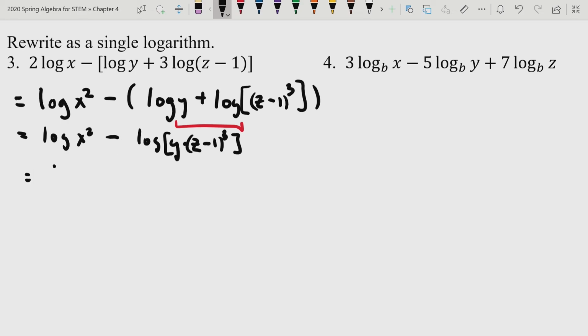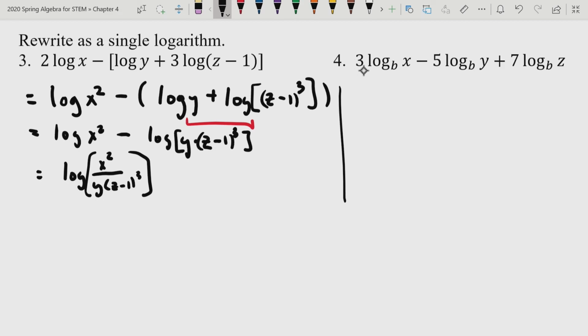The difference of logs is the log of the first thing divided by the second, y times z minus 1 to the 3rd power. So now I've condensed it to a single logarithm. Let's work on this expression over here.